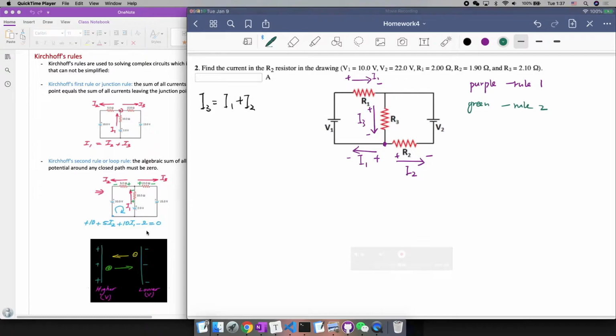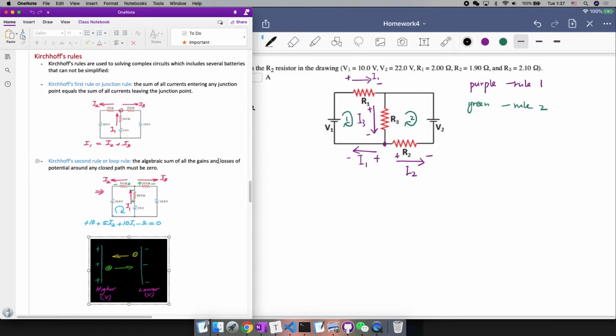Here we need to draw a closed path, right? It doesn't matter which direction you choose. So let me just randomly use clockwise for both of them. All right, clockwise. This is circle 1. This is circle 2. So first, let's write the equation down.